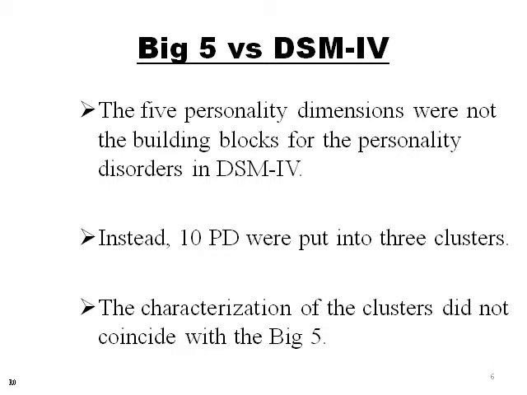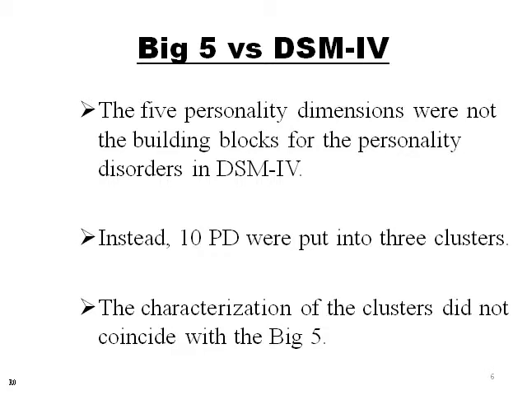It seems that the DSM task force drew back from this and went to something that looks much more like the DSM-IV than the dimensional system that I've just described. So the 5 personality dimensions in Ocean, or the Big 5, were not the building blocks for the personality disorders in DSM-IV.